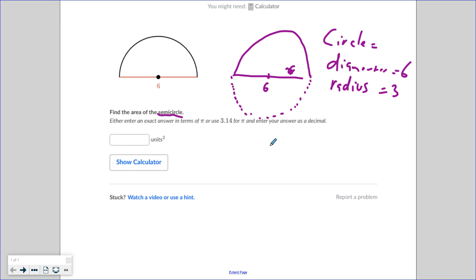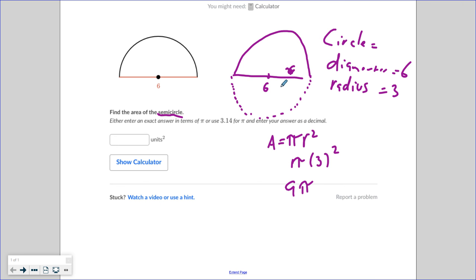Well, the formula for area of a circle, area is equal to pi times radius squared, or pi times 3 squared, because that's the radius of the circle, is equal to 3 times 3 is 9, so 9 pi square units, right? Or units squared.